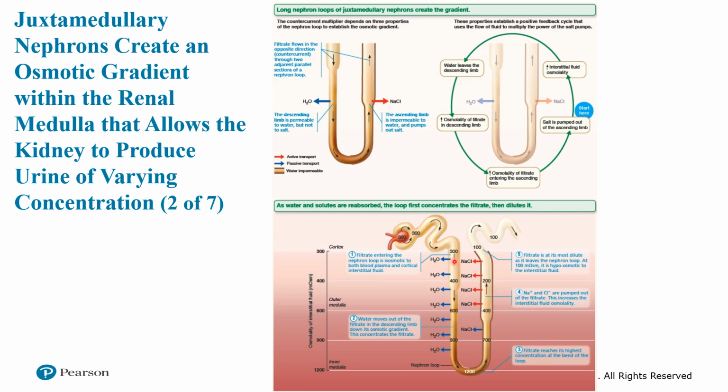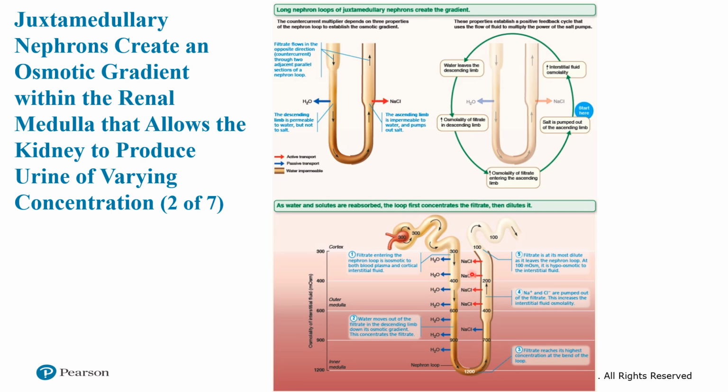So all the hard work that the descending limb was doing passively, this one is doing actively. Again it has taken out that solute, which is sodium, chloride and potassium, and it is trying to reabsorb it, but before it goes into blood it comes into the interstitial space.